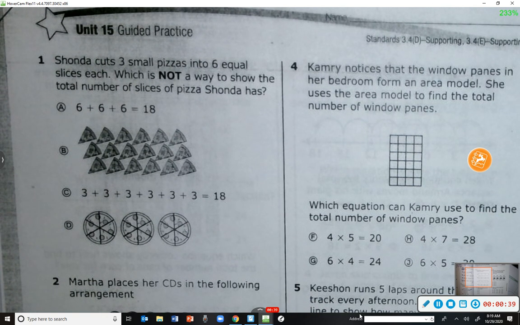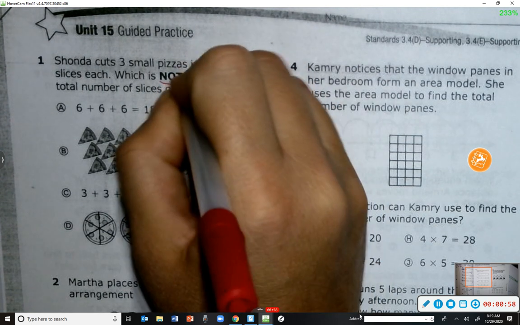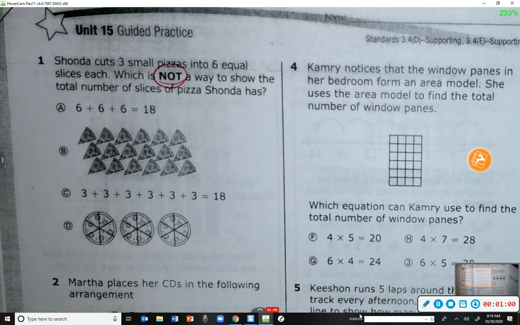So let's start off with number 1. It says, Shonda cuts 3 small pizzas into 6 equal slices each, which is not a way to show the total number of slices of pizza Shonda has, okay? So we're looking for which one is not correct, right?